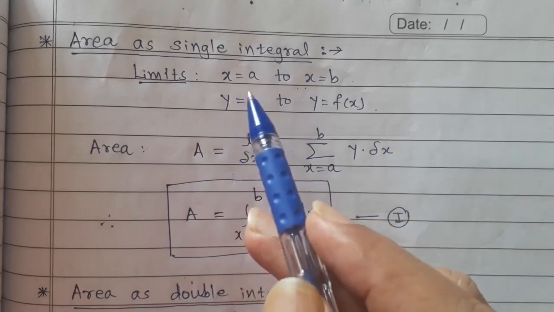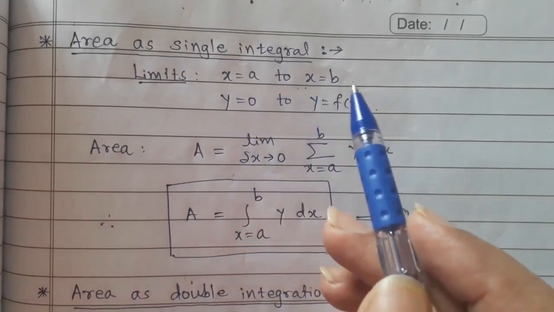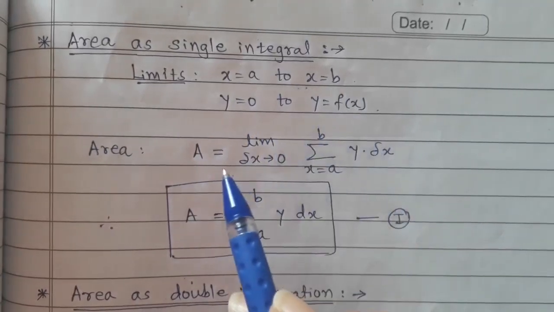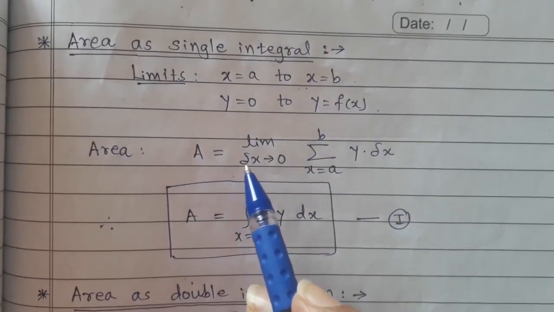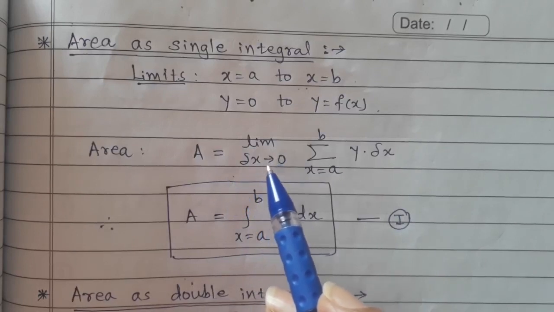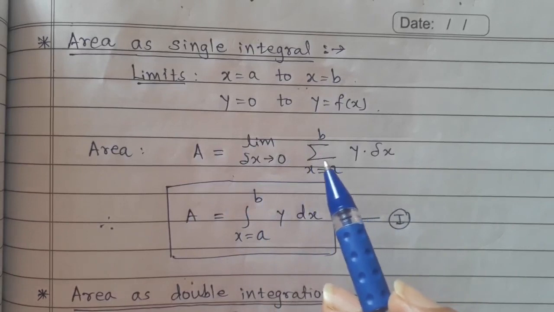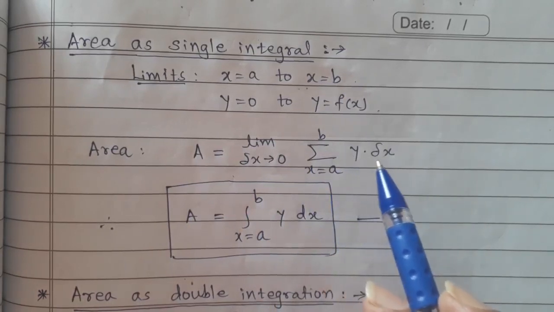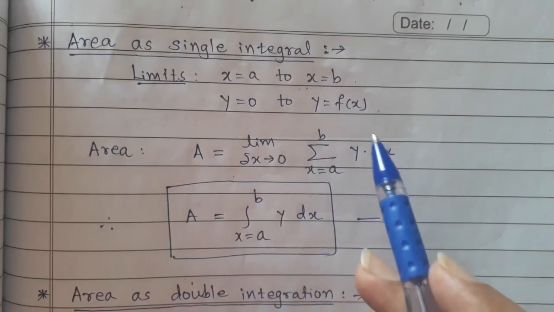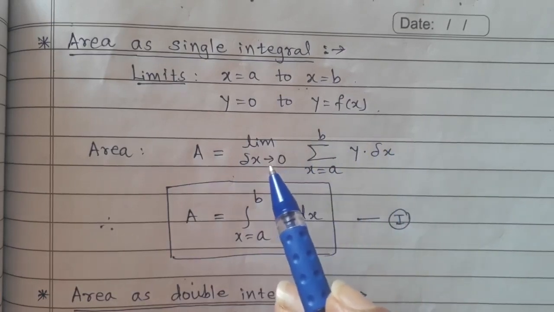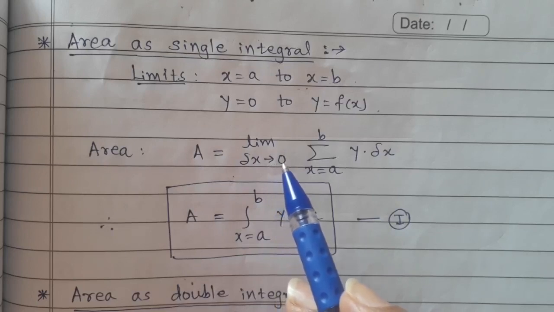We have the limits x from a to x equal to b and y from 0 to y equal to f of x. So the area under the curve is the limit as delta x tends to 0 of the summation, x from a to b, of y into delta x, which are rectangles whose width is going towards 0.